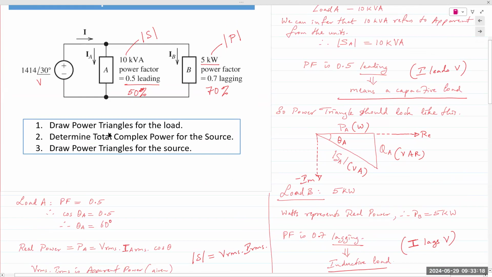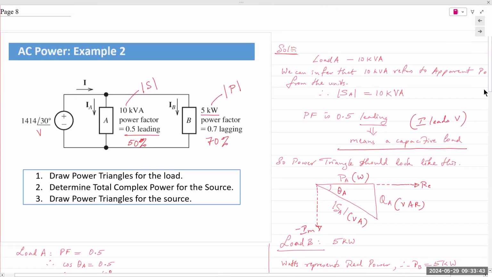Immediately your approach should be: you could either find the voltage and current for the source and then find total power that way, or you find the individual powers for all the individual components and add them all up together. That way you get the total complex power delivered from the source. It's the same approach that we took in chapters 1 and 2. That's no different.